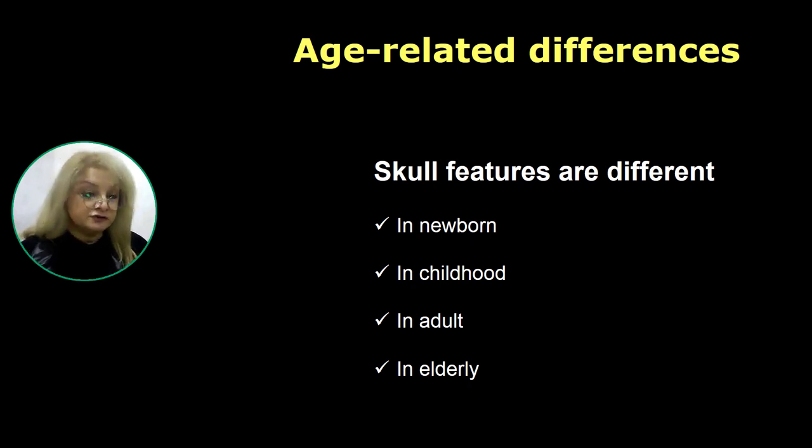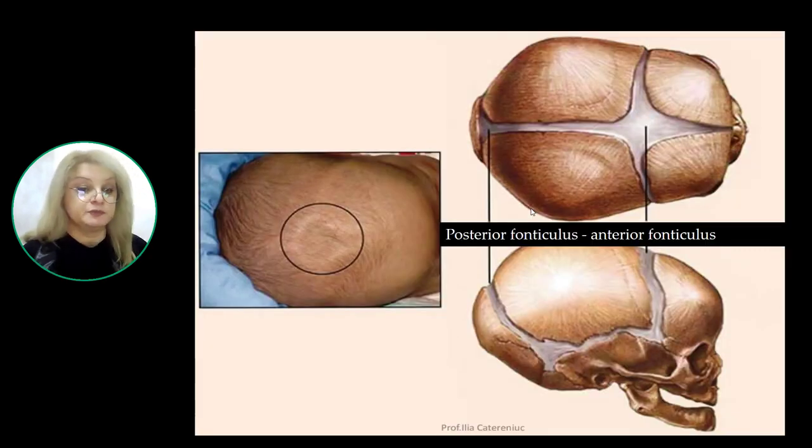Now some differences of course exist while aging of the skull. Aging of the human causes the aging of the skull too. So the skull features are different in newborn, in childhood, in adult, and in elderly. In newborn, the peculiarity is the presence of fontanelles.